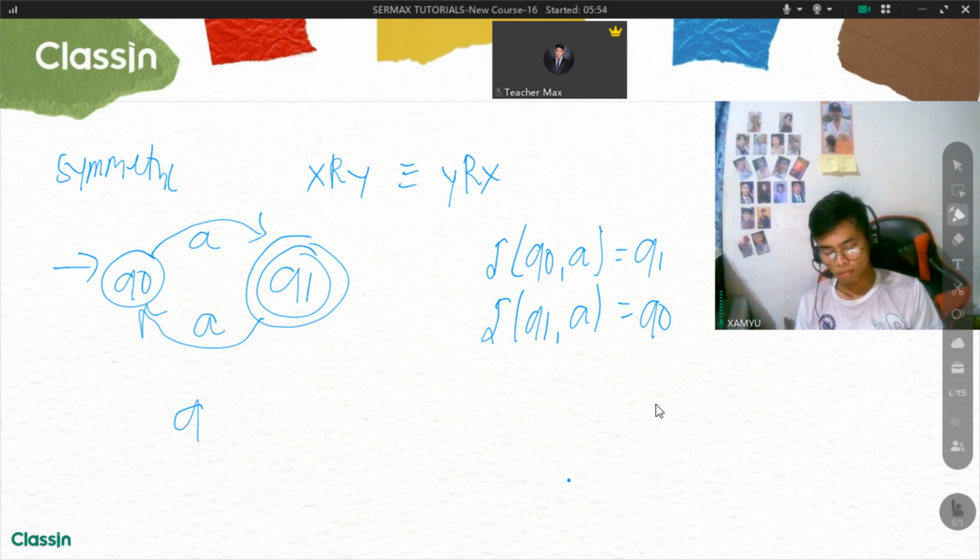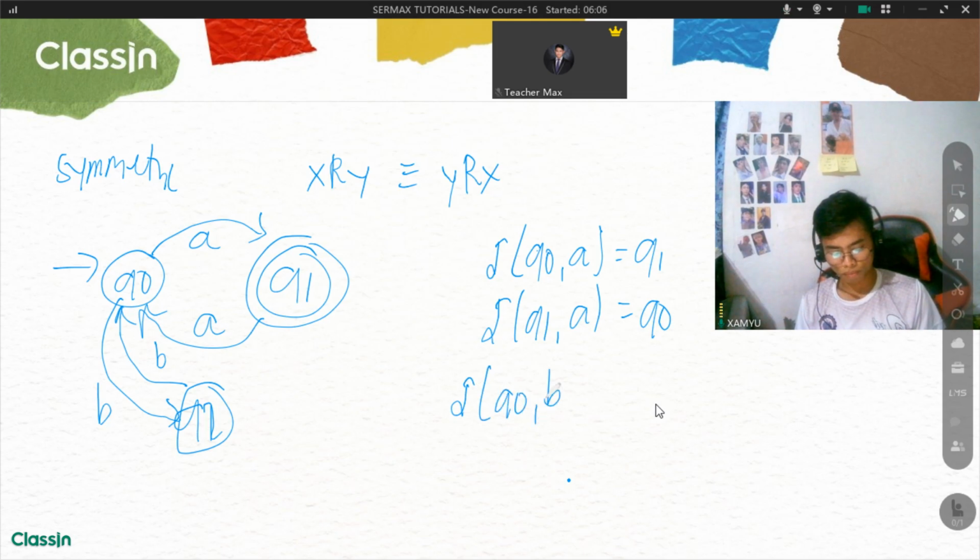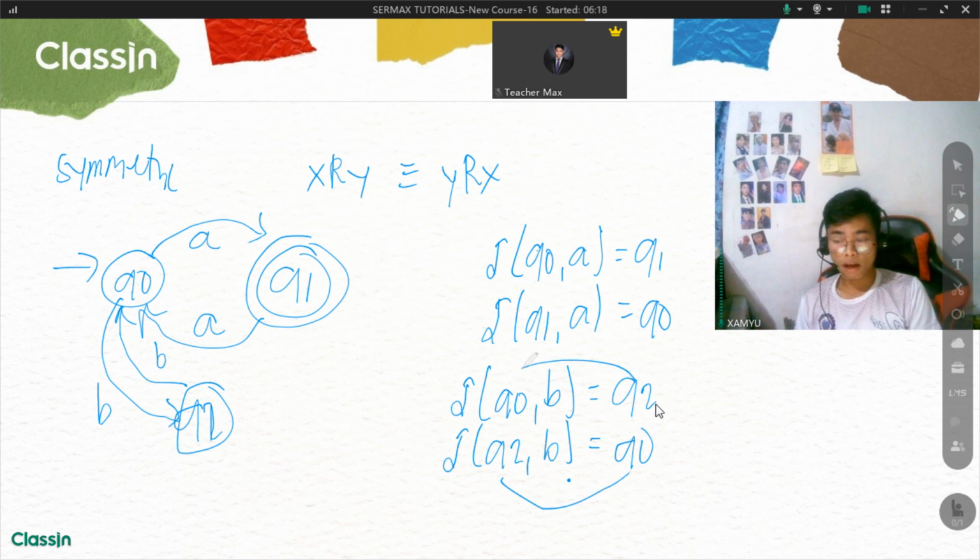If Q1, Q2, if input B, there must be Q2. So Q0 input B will be equivalent to Q2. Therefore, Q2 input B must be equivalent to Q0. So that's actually how it works for the symmetrical.